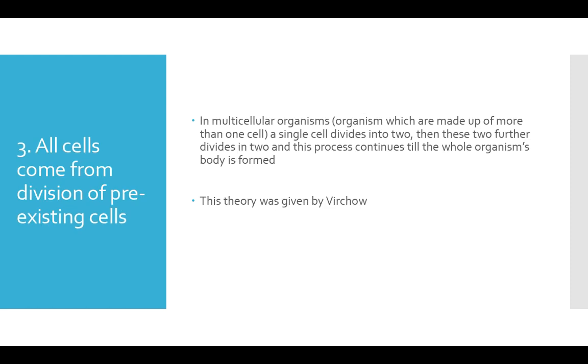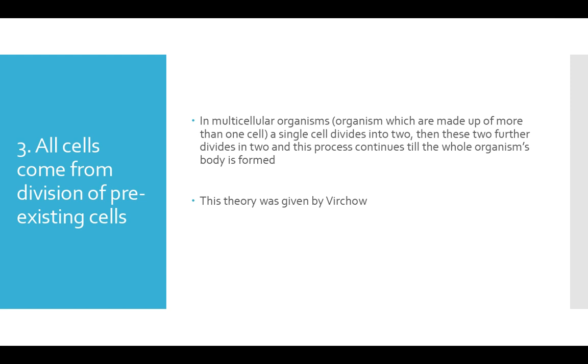Now the third is that all cells come from the division of pre-existing cells. This was given by Virchow, and he extended the cell theory by giving this third point. Before we come to this, we must know about multicellular organisms. Multicellular organisms are organisms made up of more than one cell.